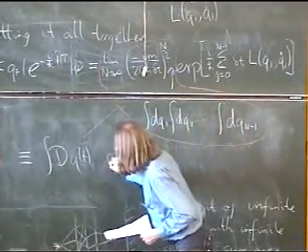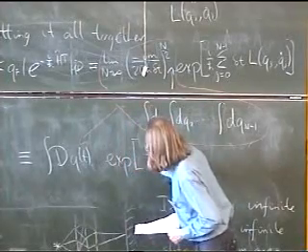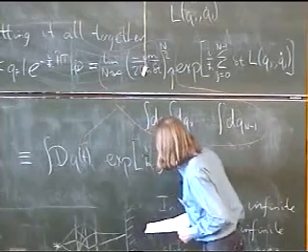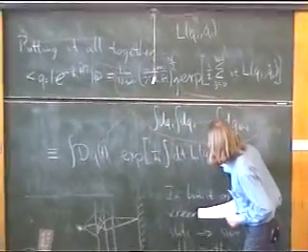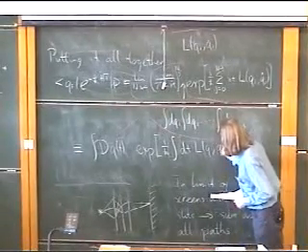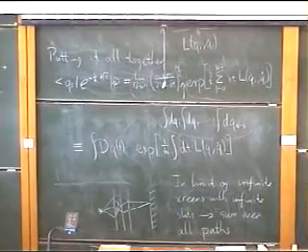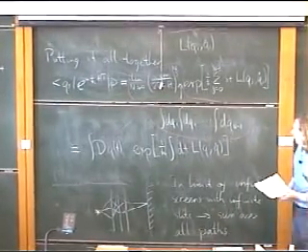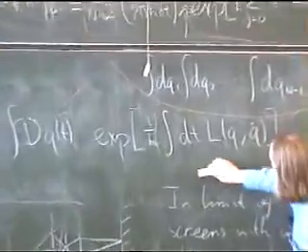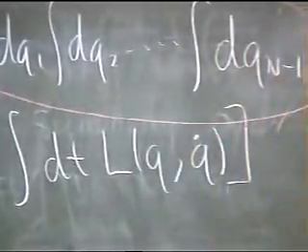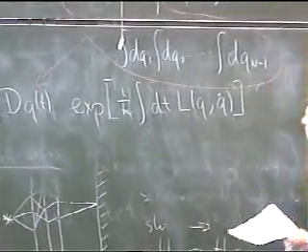So that just becomes exponential of i over h bar integral dt of the Lagrangian. Okay, so that's nothing else than the fundamental definition of integration. And then we get our final result, just what I said we would get at the start, that the integral of the Lagrangian, of course, is just the action.